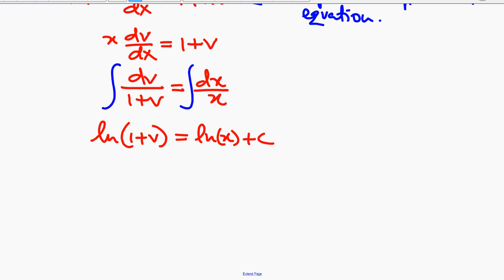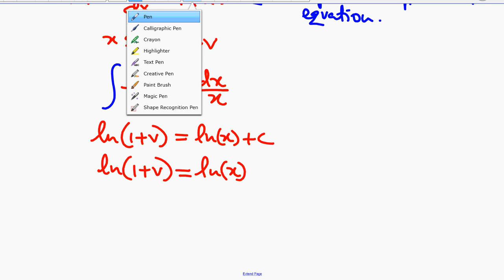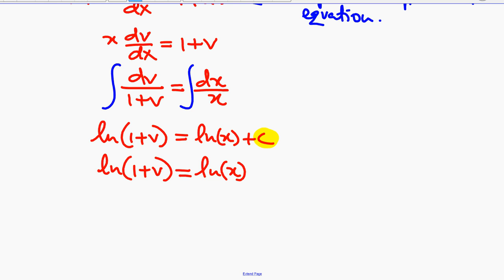So this can be written as ln(1 plus v) is equal to ln x plus c. How about instead of writing c, I write plus ln a?